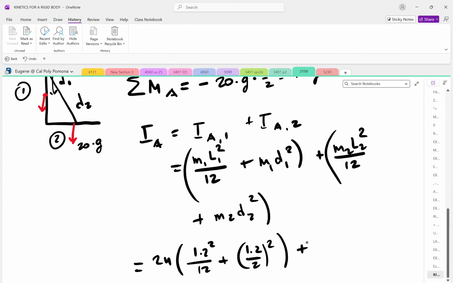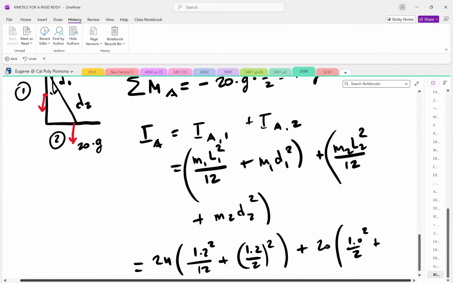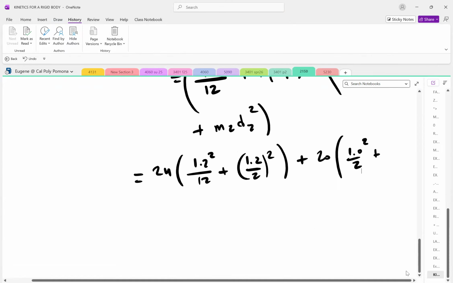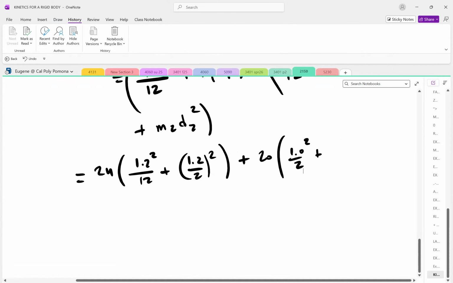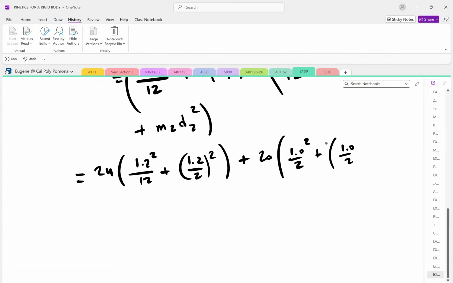M2 will be 20 kilograms, and we have L2 squared over 12, which is 1.0 squared over 12, plus the D squared, which we'll find using the Pythagorean theorem: 1.0 over 2 squared plus the vertical piece, 1.2 squared.